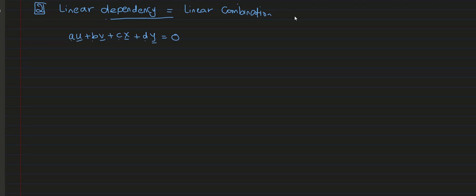And we need to test whether the U, the V, the X, and the Y are linearly dependent or linearly independent. We always test the linear independency. But I want to start from the linear dependency because we have just taken the linear combination.